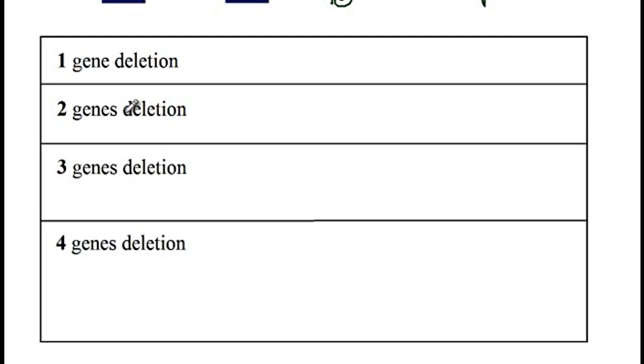gene deletions we have. If there is 1 gene deletion, then this is referred to as alpha thalassemia minima, because these patients have minimal symptoms. They do not usually have any anemia, and their histology of their red blood cells is normal.